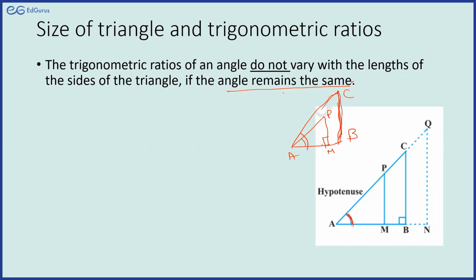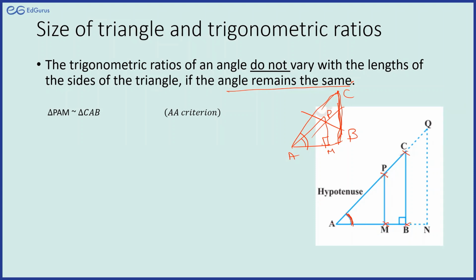If the angle remains the same, then the trigonometric ratios also remain the same. And how do we figure that out? Now, if you look at this triangle PAM and triangle CAB, focus on these two triangles. So one is APM and ACB, these two triangles.